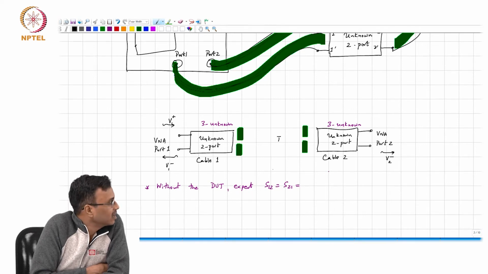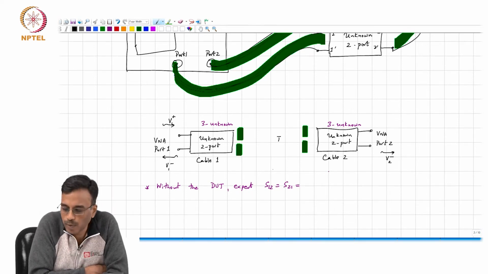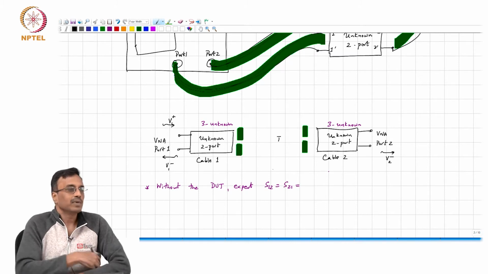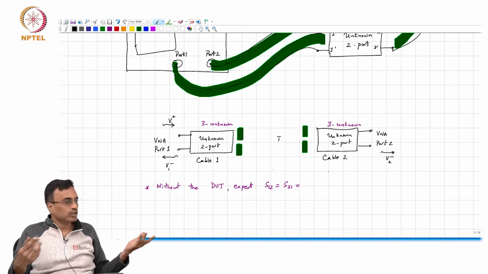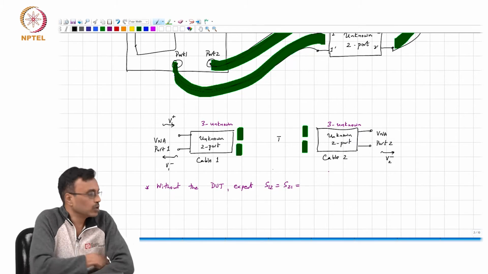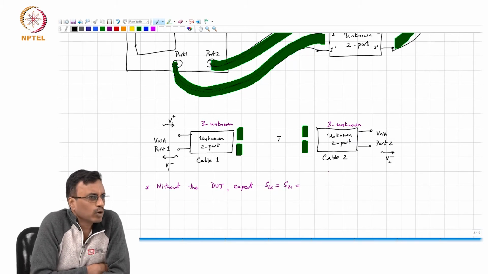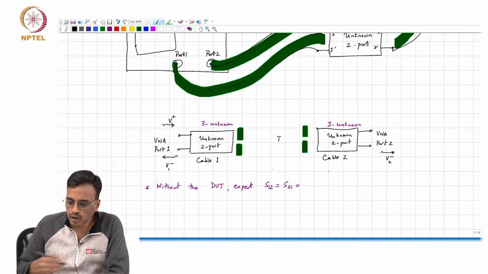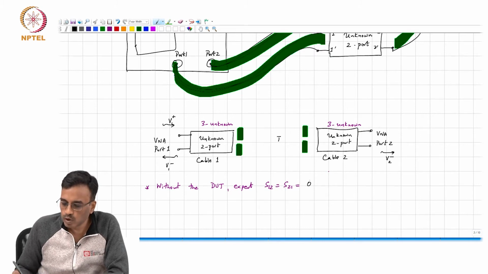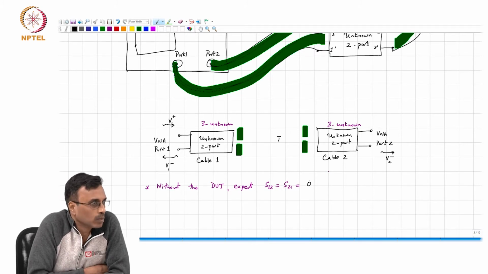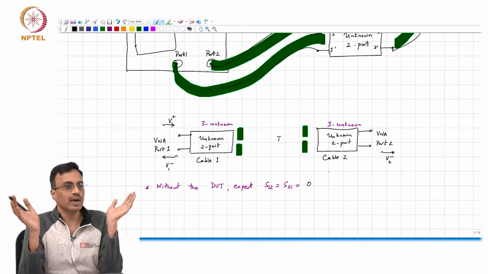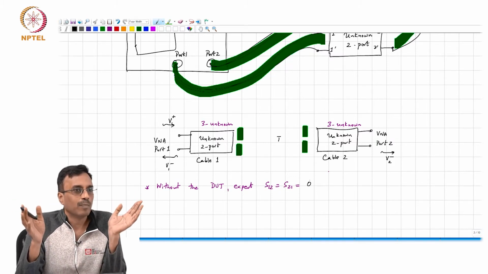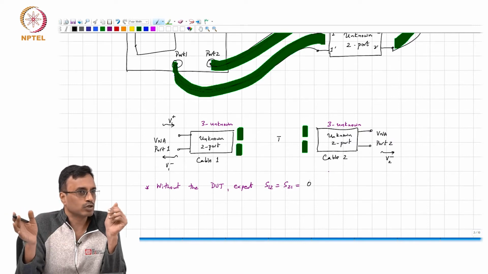So ideally, regardless of how bad the cables are, the two ports are simply, within quotes, isolated from each other, correct? So in principle, whatever you push into port 1 should have no effect on port 2 and vice versa. So ideally, without the DUT, you must expect S12 equal to S21 equal to 0. But in practice, there is always going to be some mechanism through which port 1 talks to port 2.